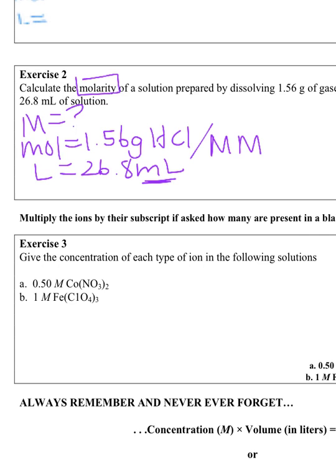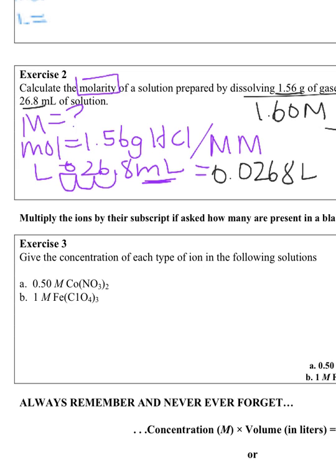We're going to convert that to liters by moving our decimal over 3 times, and we get 0.0268 liters. So you'd simply plug these numbers into the molarity equation. You'd round using, looks like 3 significant figures. And the correct answer, I'm going to let you work this one out on your own and check your answer, is 1.60 molar.